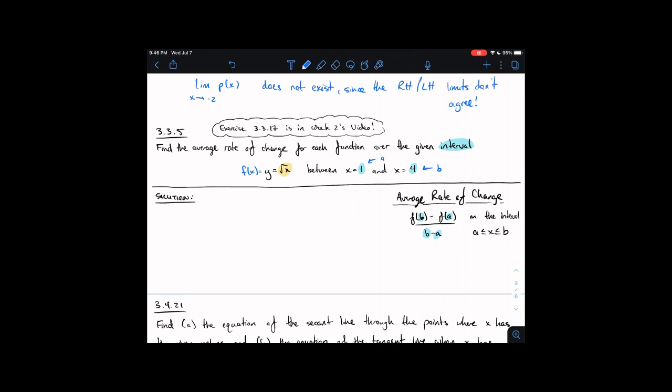So f of 4 minus f of 1 over 4 minus 1 equals the square root of 4 minus the square root of 1 over 4 minus 1. This on the bottom is just 3. And here we have 2 minus 1. So that gives us 1 on top, 3 on the bottom. That's all it is.